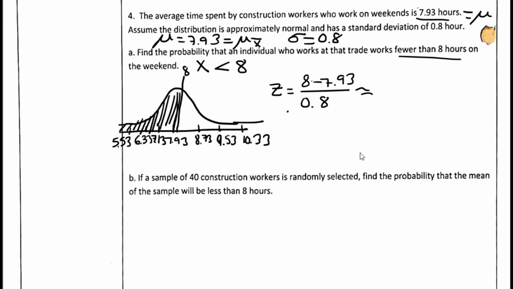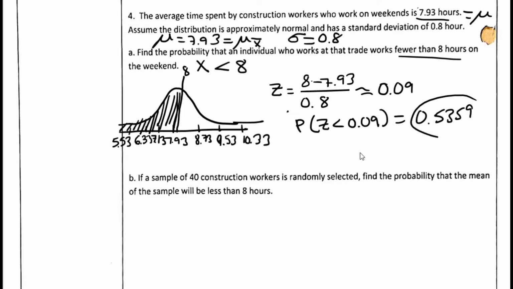Our value is 0.09. So now we want the probability that z is less than that, since we want fewer, which means we look it up on the table. And it is 0.5359, which makes sense since we have over 50% of the curve.